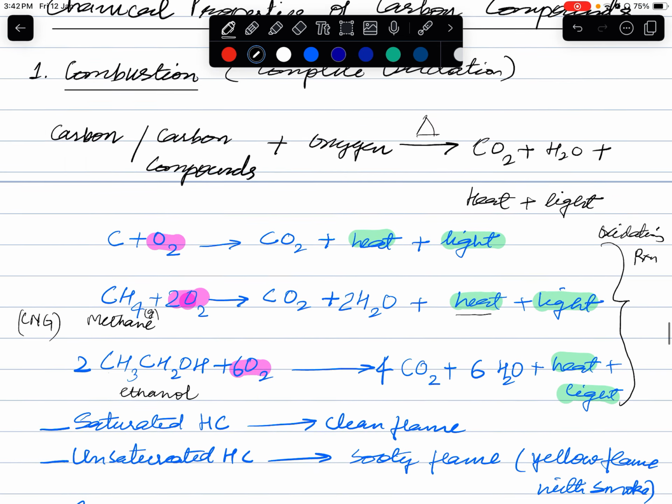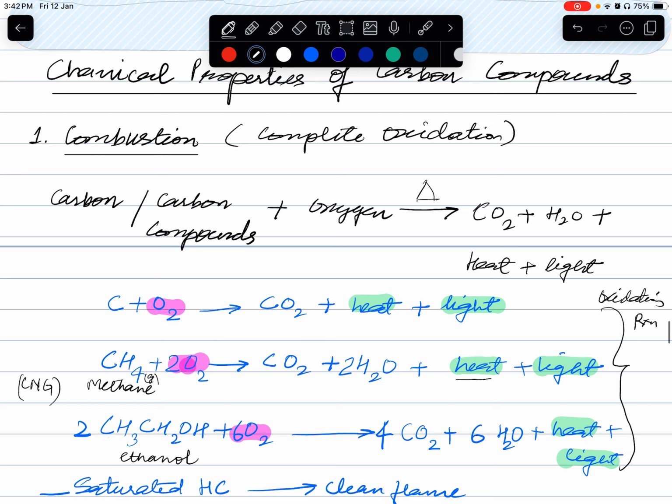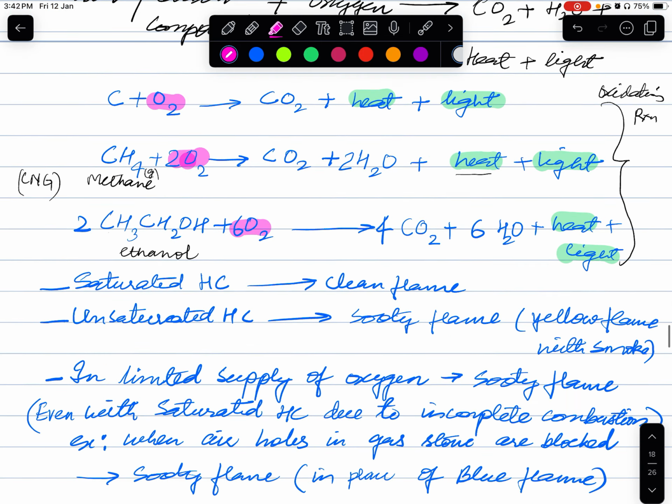That is, combustion is also oxidation. And what type of oxidation? Complete oxidation. What is complete or incomplete? Now we will discuss in next reaction. So complete oxidation means this is the last product. After this, no more oxidation is possible.